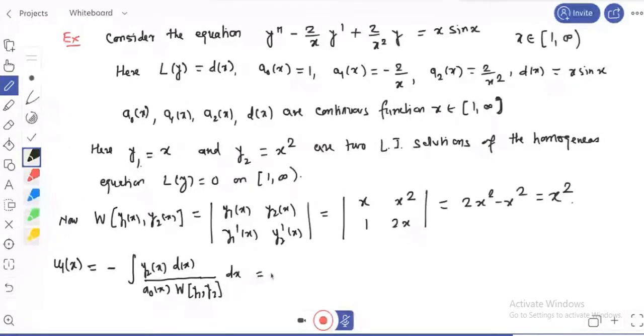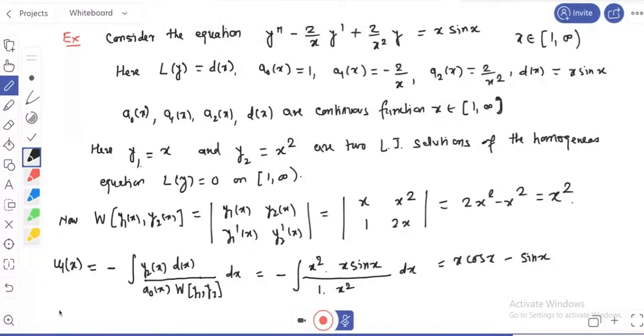So what is the value here? y2 is x square, d(x) is x sin x, a0 is 1, and the Wronskian is x square. So you can solve this problem. The x square cancels out. Simply this is the integral of x sin x. By using the product rule, you can find x cos x minus sin x.